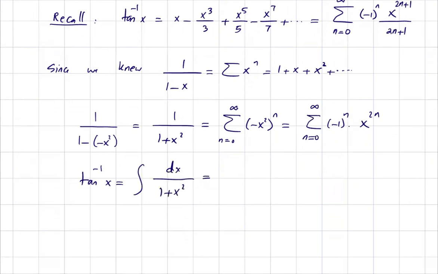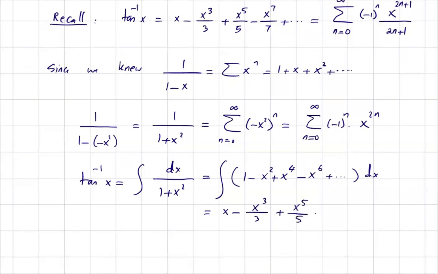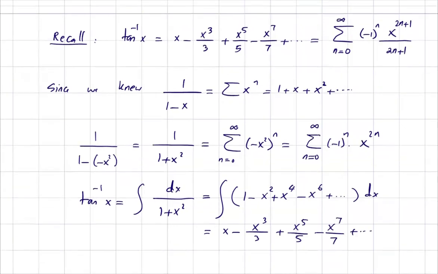So we basically took the integral of the terms of this series, which, as we saw before, is equal to 1 minus x squared plus x to the 4th minus x to the 6th plus the rest of the terms dx, and it gave you x minus x to the 3rd divided by 3 plus x to the 5 divided by 5 minus x to 7 divided by 7 plus the rest of the terms. So that's how we derived the inverse tangent of x written in the form of power series.